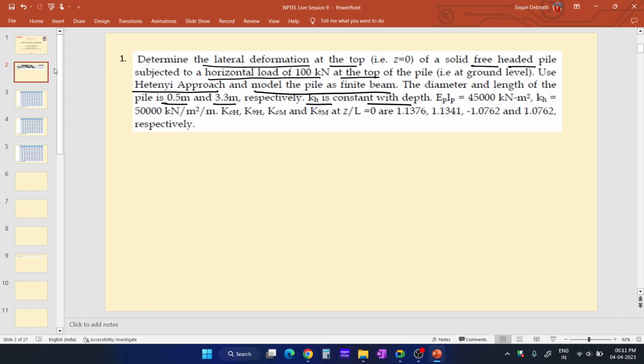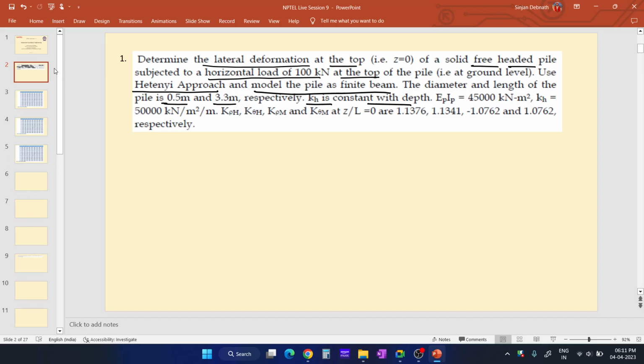EpIp of the pile, where Ep is the Young's modulus or modulus of elasticity and Ip is the moment of inertia, is also known as the flexural rigidity.